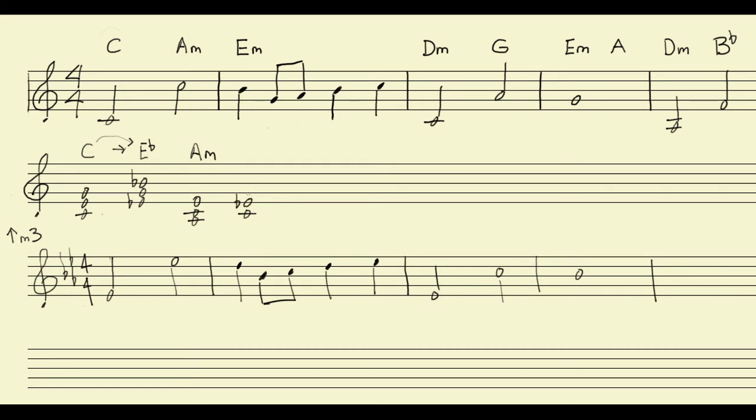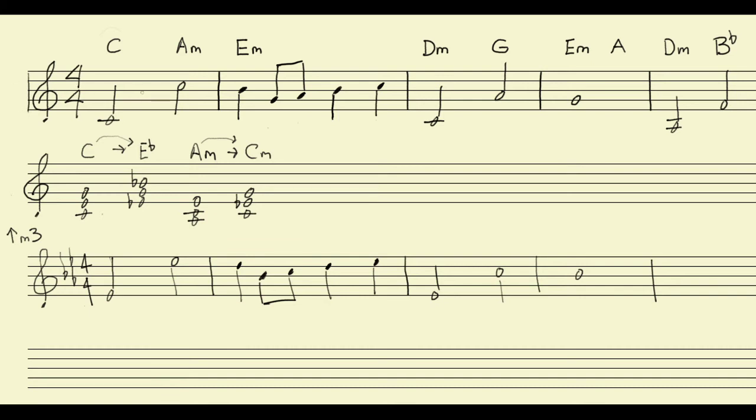And E up a minor third becomes a G. So an A minor chord transposed up a minor third becomes a C minor chord. And again, this makes sense because all we're doing is moving the root of the chord up by a minor third, and then we make a C minor chord on that root.